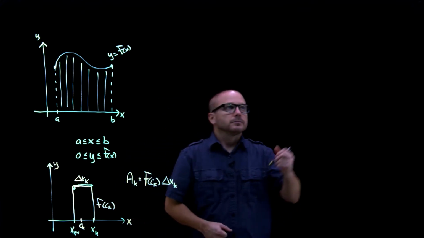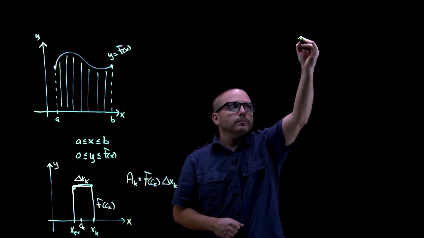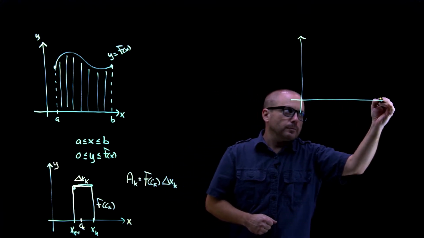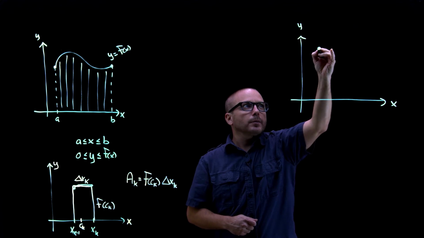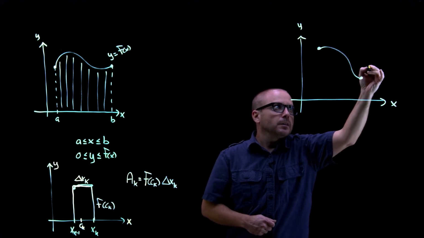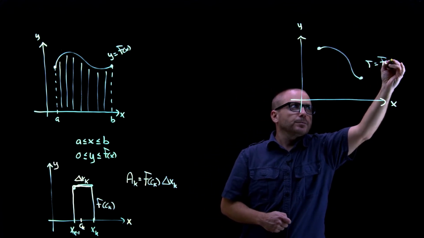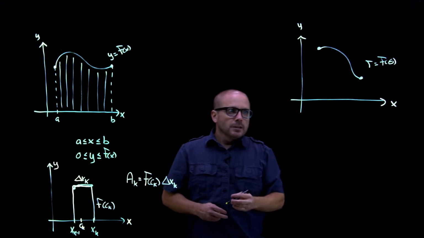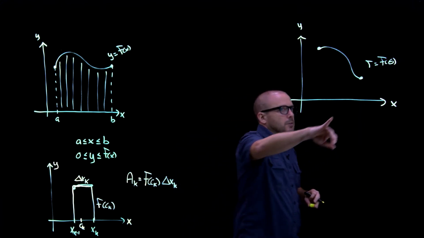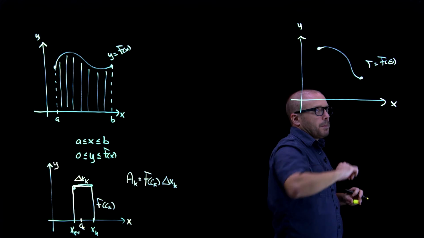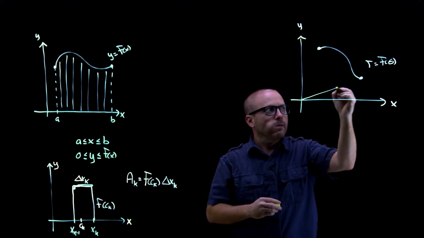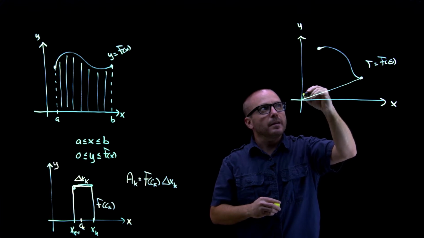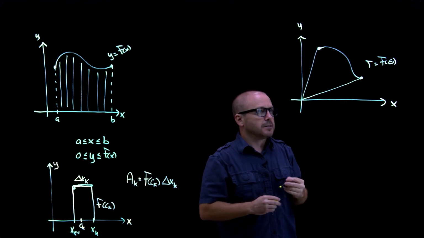So say we have some curve here, r equal f of theta. So we want to run between two constant values of theta. So we're starting at some theta and ending at some theta.